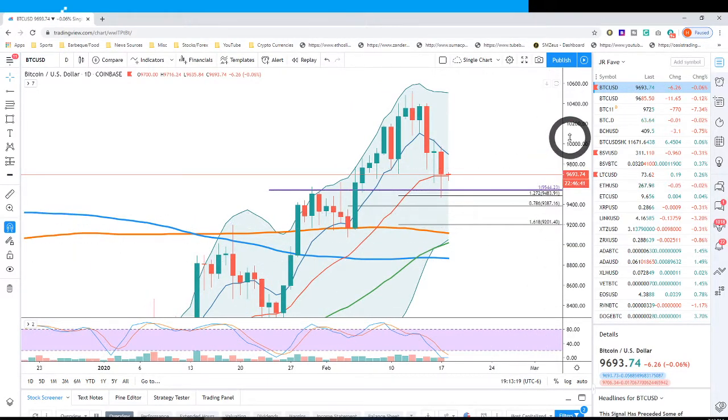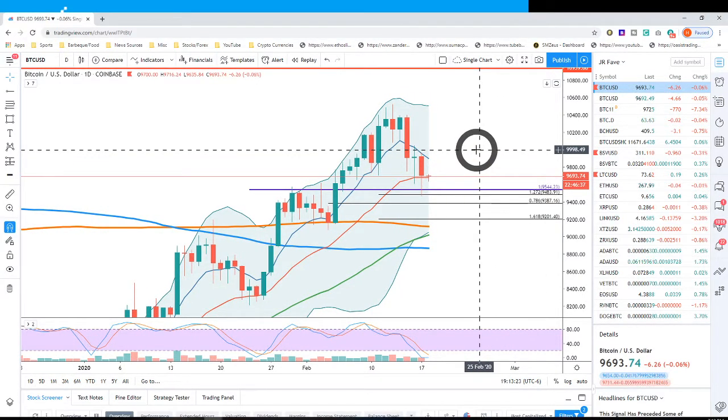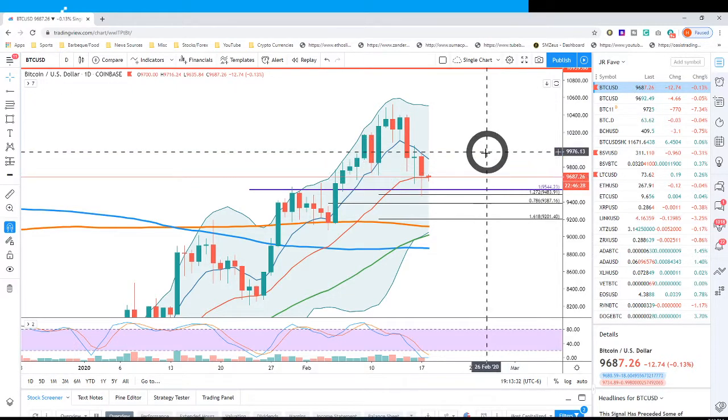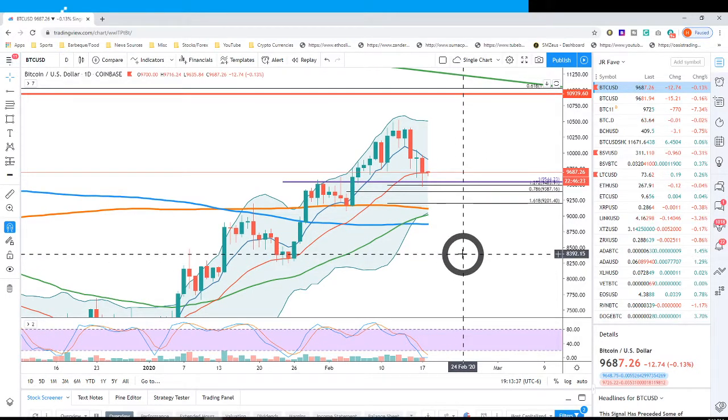It just depends on how much you're willing to lose. I don't recommend any more than 5 to 7%, because we're looking to gain 10% or more on most moves.